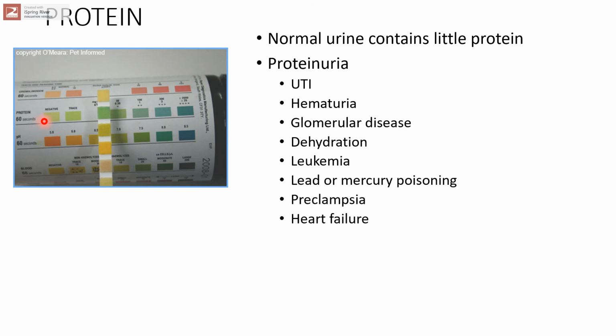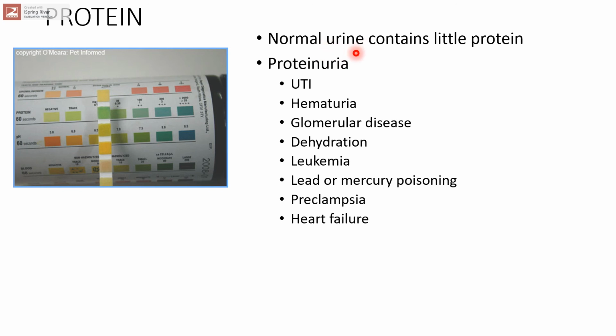So this test shows negative for protein, and then you see different colors for different concentrations of protein. Now, there is some amount of protein excreted in the urine, but not too much. Sometimes when your urine looks really, really turbid, it may just be really concentrated. When you drink a lot of water, the turbidity goes away, right? And this turbidity may be due to protein if it's not a urinary tract infection.